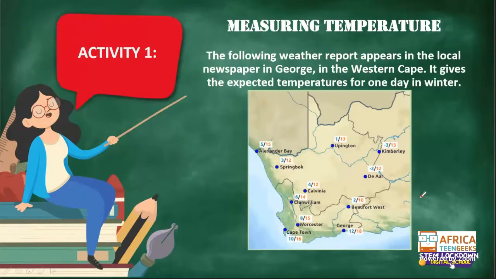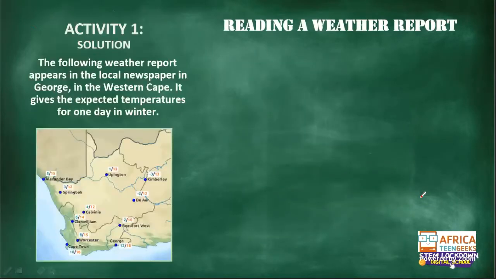Okay, measuring temperature. The following weather report appears in a local newspaper in George in the Western Cape. It gives the exact expected temperatures for one day in winter. So let's look at reading the weather report. There we've got the map again. Remember, the first thing we always do with questions is find out what we know.